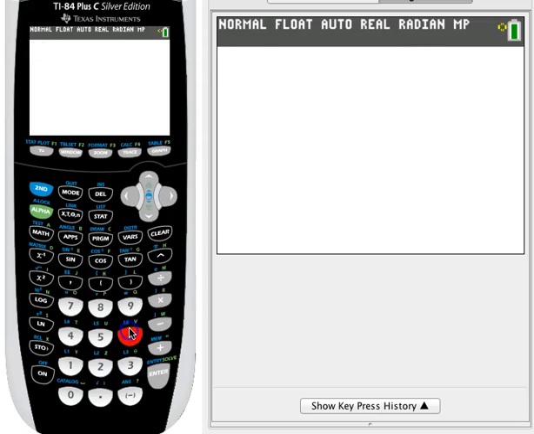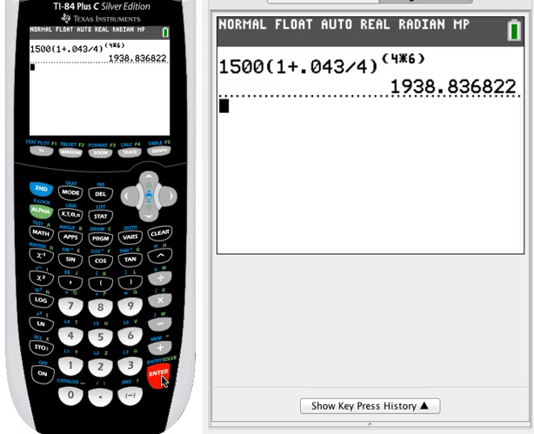You need to make sure you put this in parentheses. If you don't have that in parentheses, the calculator will not give you the right answer. That exponent piece must be in parentheses. Hit enter, and there you have it.